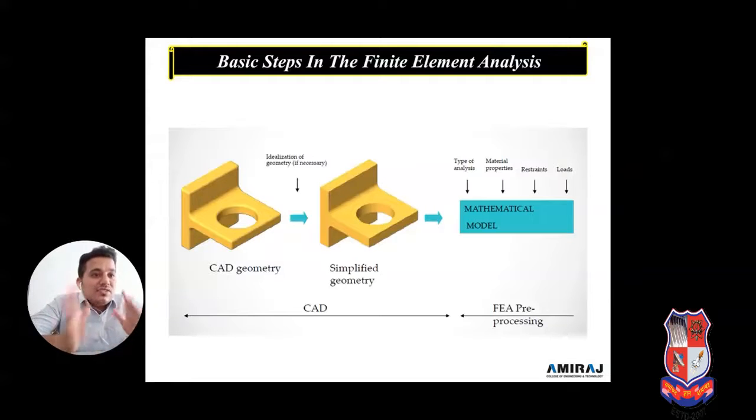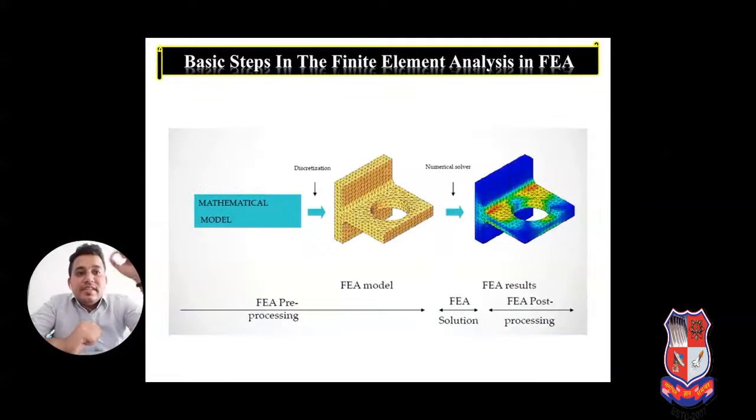The main task of FEA is to process the type of analysis, material property, resultants and loads. Finally we have to find the mathematical model. This mathematical model creates the mathematical algorithm, then we compute the solution, and finally we find the solution as per the applications, as you see in the last diagram.